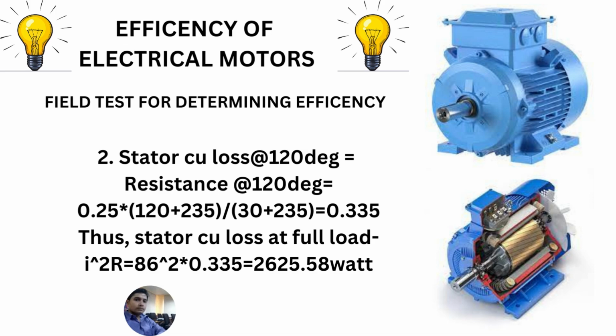So now the resistance will be 0.25 multiplied by 120 plus 235 by 30 plus 235, which is equal to 0.335. Thus, stator copper loss at full load is equal to I square R. Now the current is 86, so the loss will be 2625.58 watt.